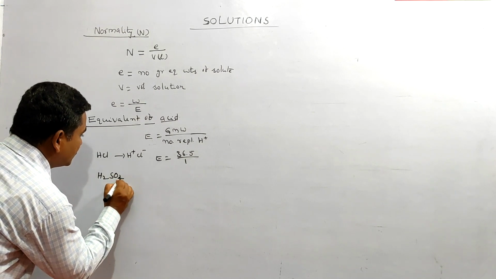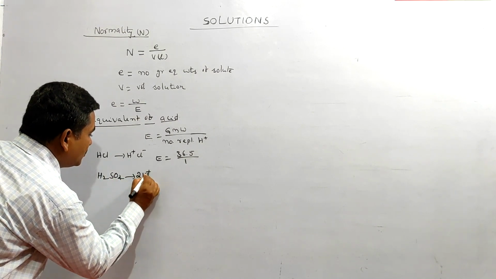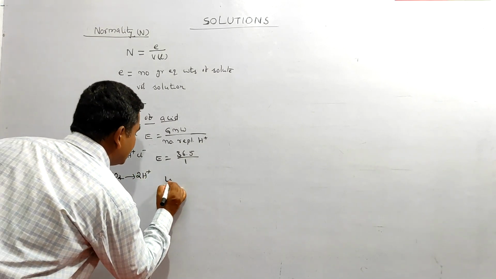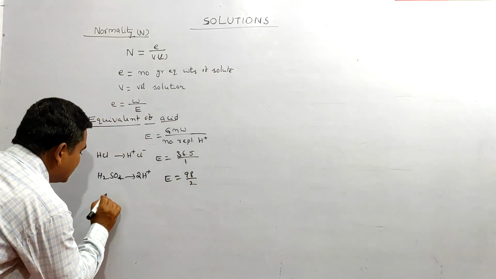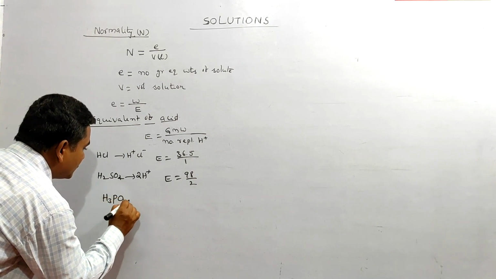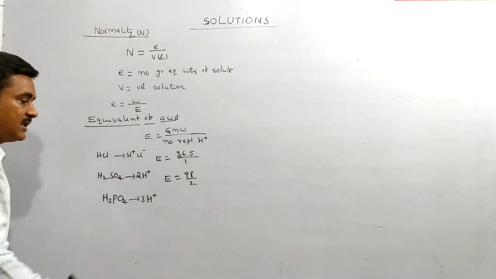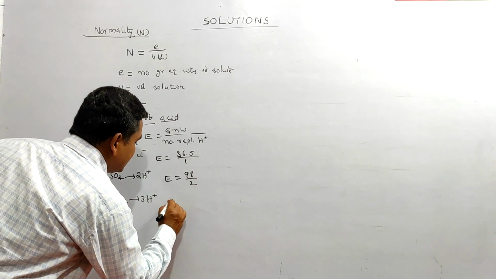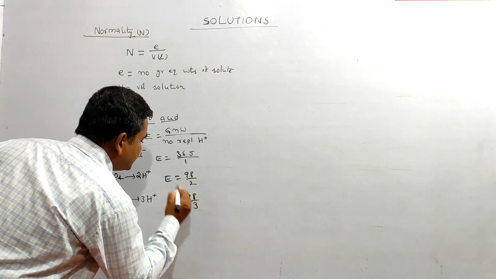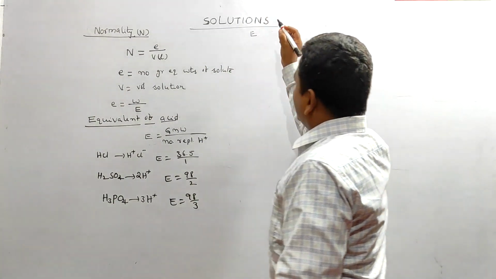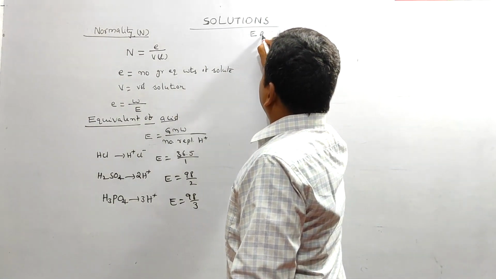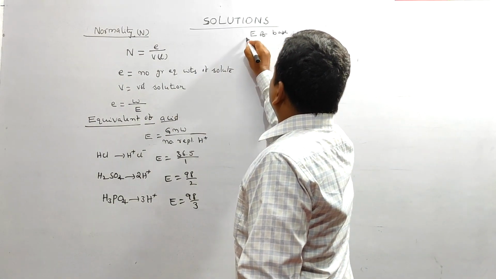Suppose H2SO4. 2 H plus can be replaced. E is equal to 98 by 2. If it has H3PO4, 3 H plus can be replaced. E is equal to 98 by 3. Now we see how to find equivalent weight of base.